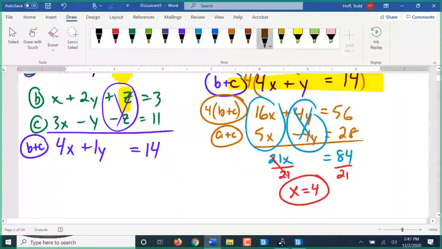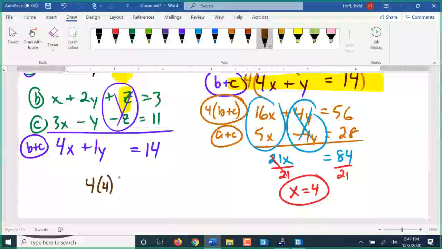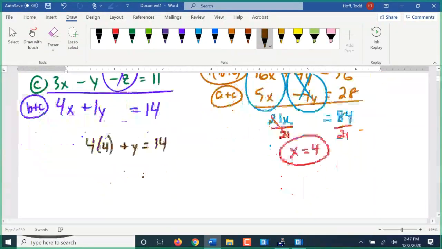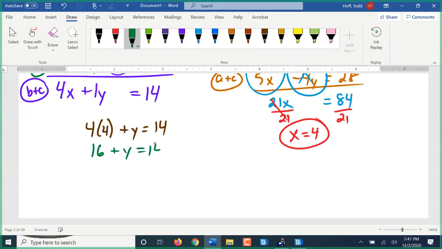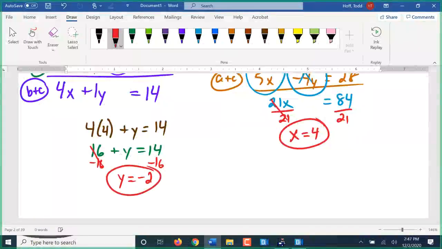So I have 4x becomes 4 times 4 plus y equals 14. 4 times 4 is 16 plus y equals 14. And now I can solve for y by subtracting 16. y equals negative 2.